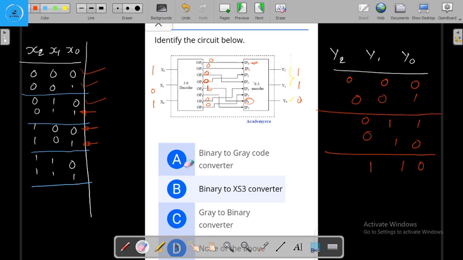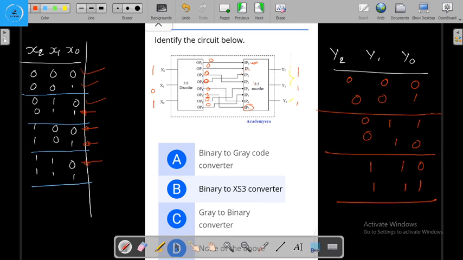This op5 is connected to ip7. So ip7 will be activated, and the output corresponding to ip7 is 111. So we are going to get the output as 111.